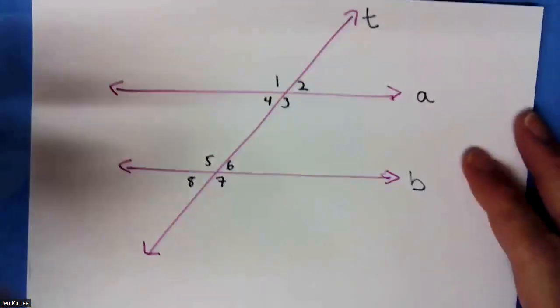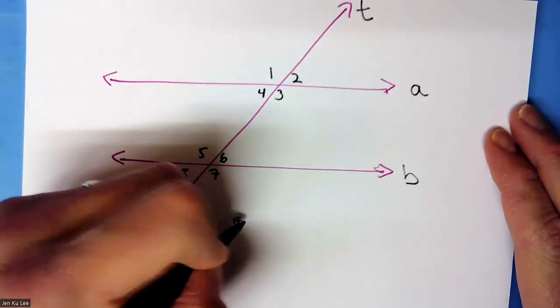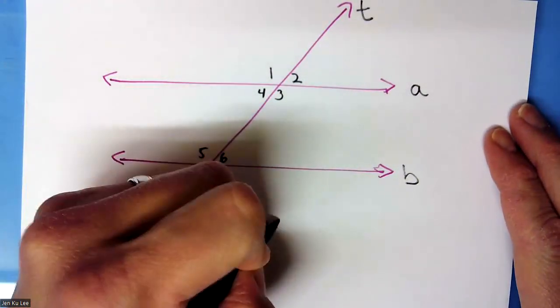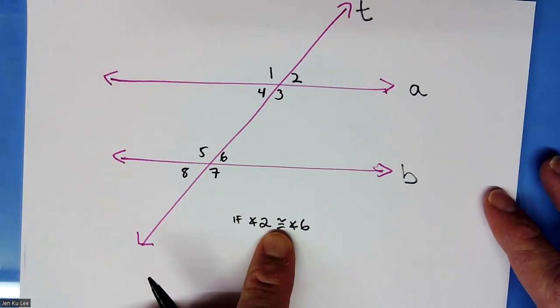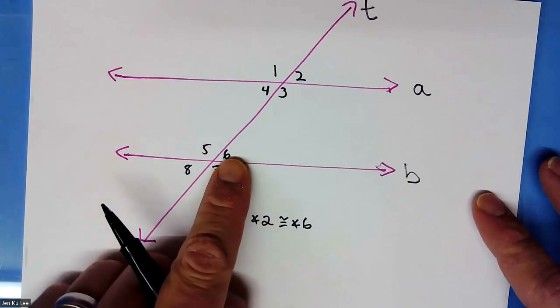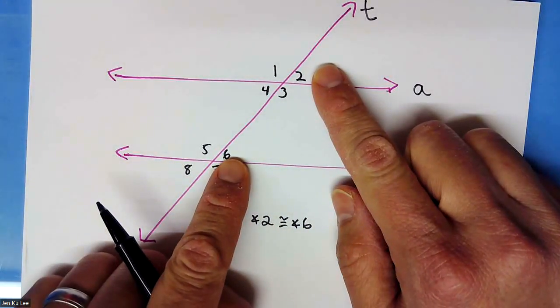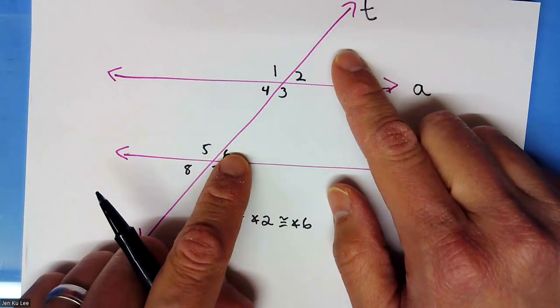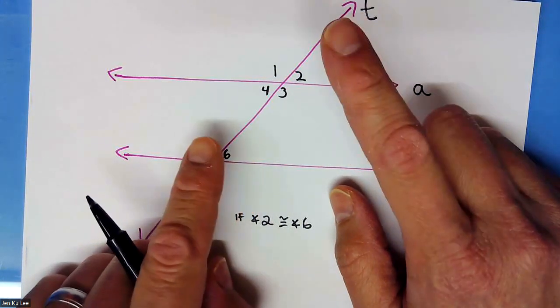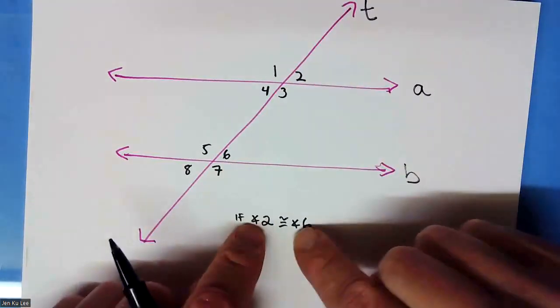and let's say I give you angle 2 equals angle 6. Well, if angle 2 is congruent to angle 6 that I gave you, what type of angles are they? In your mind, you should be saying corresponding angles, right? And they are congruent.